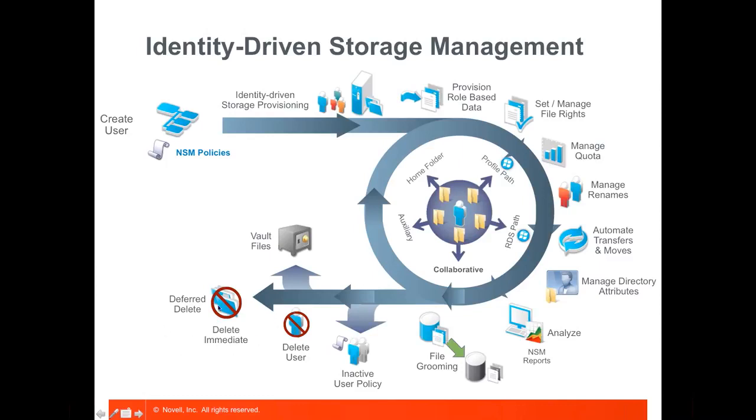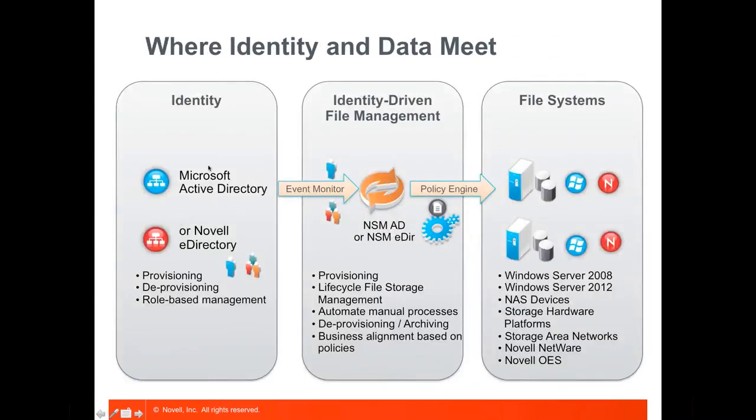And you can also have what's called a deferred delete or a delete immediate. So if the user is deleted and there's a security risk, a policy can be run against them so that their information gets deleted automatically, or it can be deleted, as I said, after a period of 30 or 60 days or whatnot. So what we're talking about here is where identity and data meet.